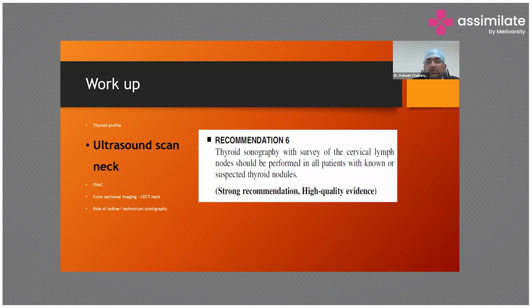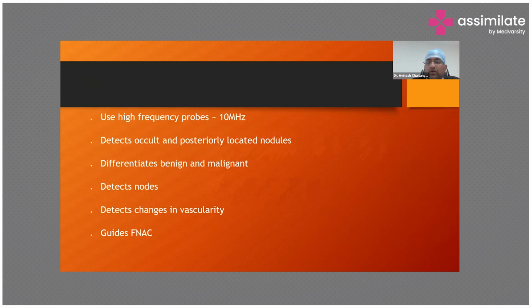So as per the ATA guidelines again, you have to do it in all cases when you're suspecting any thyroid nodules, so that you can get to know precisely what you are dealing with. You have an option of differentiating between benign and malignant nodules based on the USG findings.